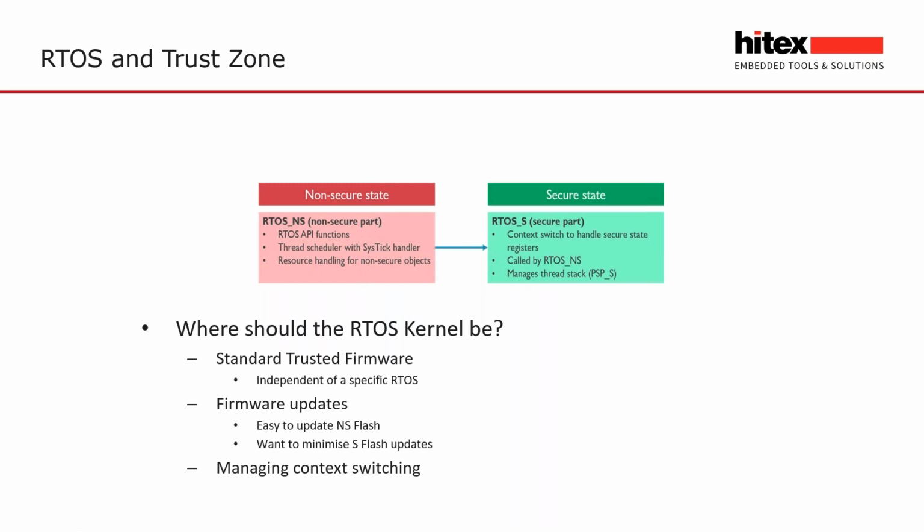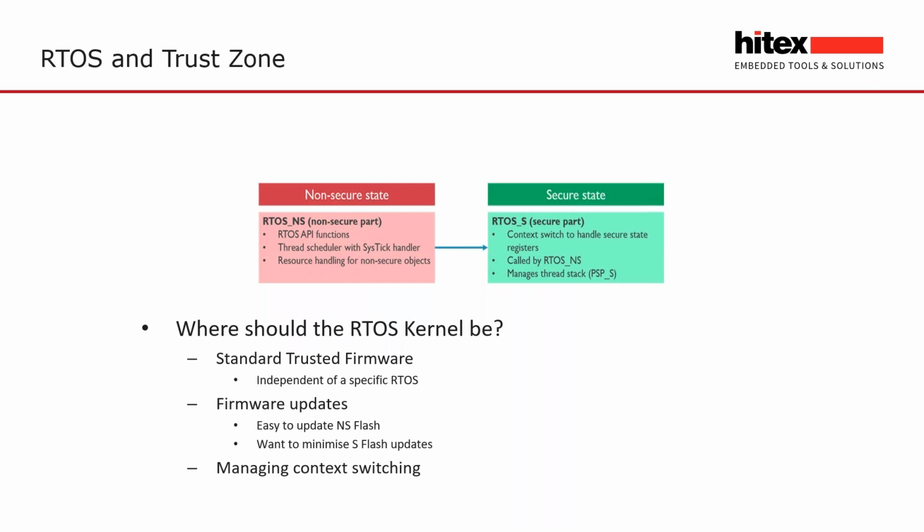When we're in the field, we will need to do software updates, but we don't really want to touch the secure world, or we want to upgrade that as minimally as possible. So by placing the RTOS in the non-secure region, we can happily update that. We can update middleware or any other code that we have. So placing the RTOS in the non-secure world makes a lot of sense.